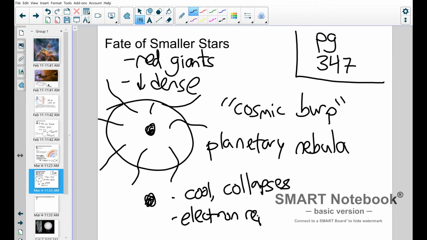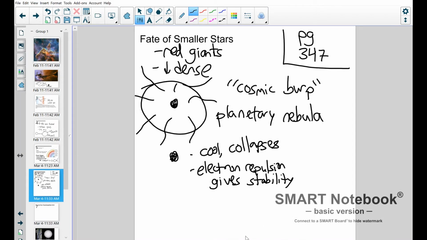So it's almost like a bit of stability. It's not going to collapse any further because those electrons want to stay away from each other. And what's left, this core that is remaining, is what a white dwarf is.